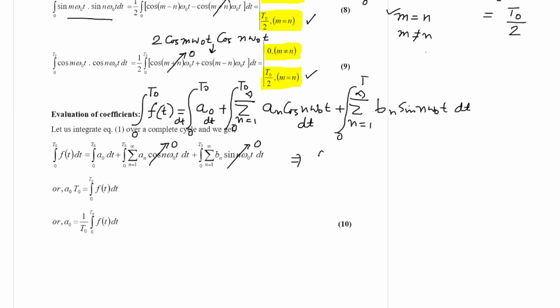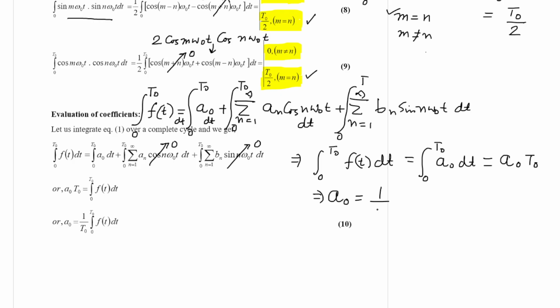The integration 0 to T0 of f(t) is equal to the integration 0 to T0 of A0 dt. A0 is a constant, so the integration of dt is T0, and the result will be A0 into T0. So from there you can directly write A0.